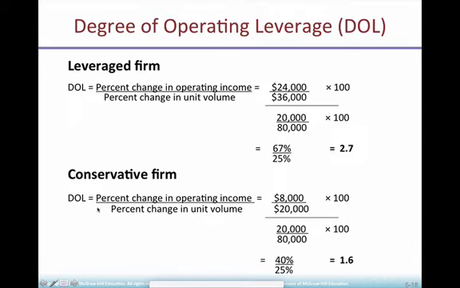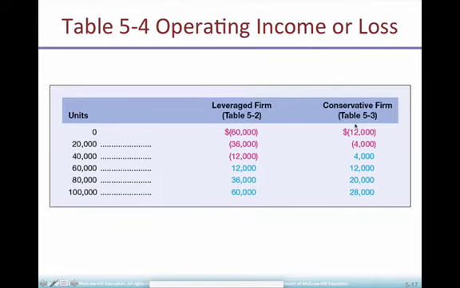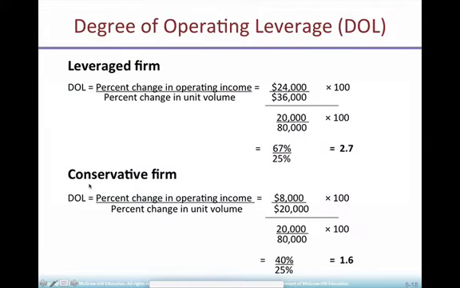And we do the same calculations for degree of operating leverage for the other business, the conservative business. So again, we have these levels of operating income. So percentage change in operating income is going to be 28,000 minus 20,000, which is 8,000, divided by 20,000 times 100, divided by 100,000 minus 80,000, 20,000, divided by 80,000 times 100.